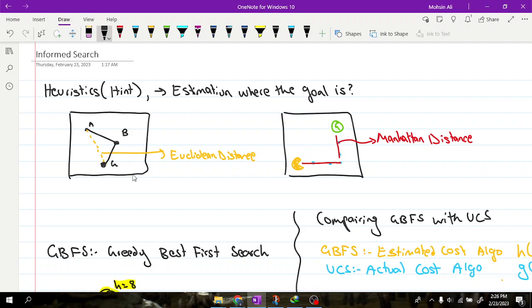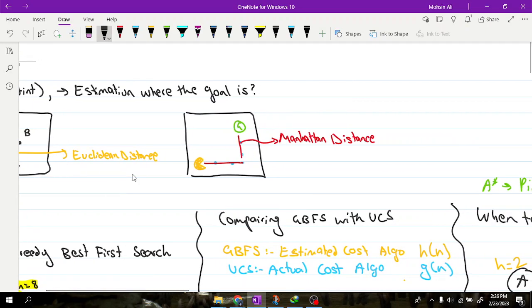And the other type of heuristic that we normally use is Manhattan distance. For example, let's say that I have an example of a Pac-Man in which this Pac-Man has to go to each of these dots, eat all of these dots, and then has to reach the goal. So in this one, instead of using Euclidean distance as the heuristic, we specify that the Pac-Man has to go either sideways, or upwards or downwards, and it cannot go in a straight line.